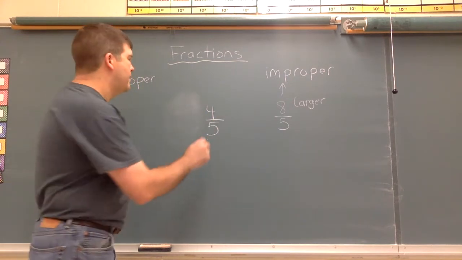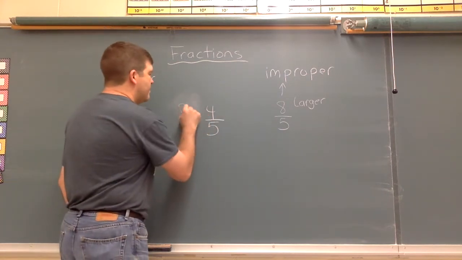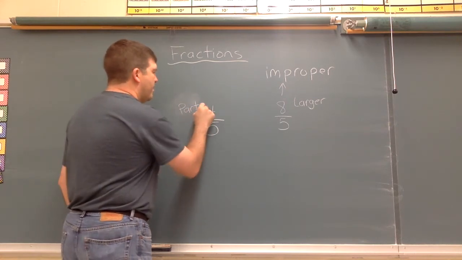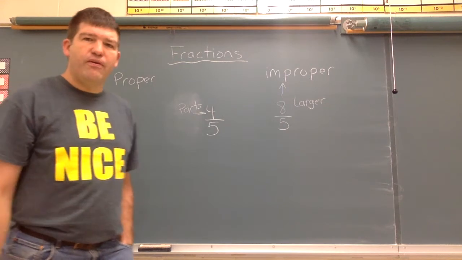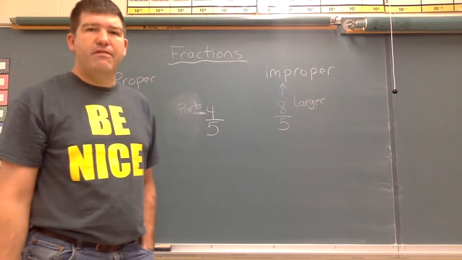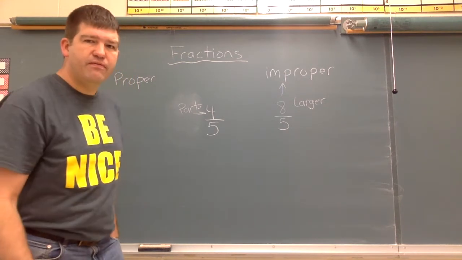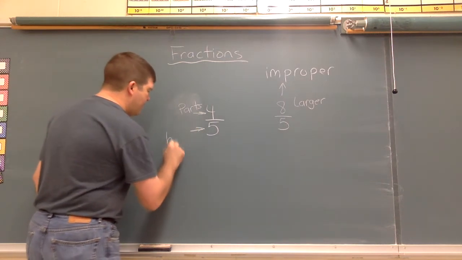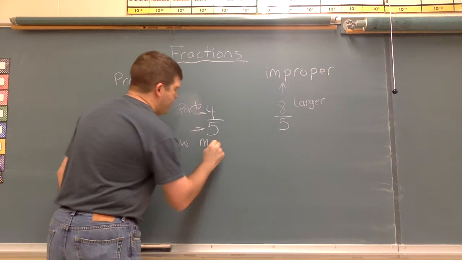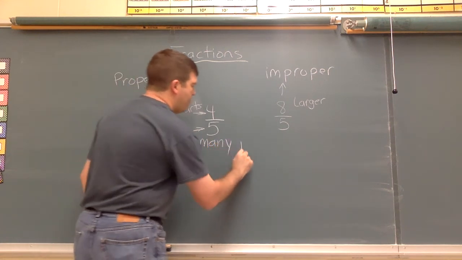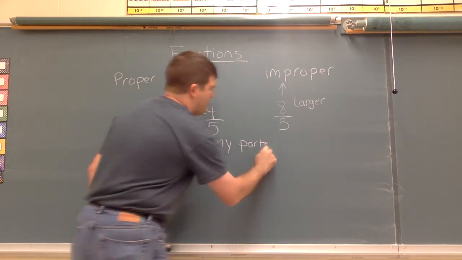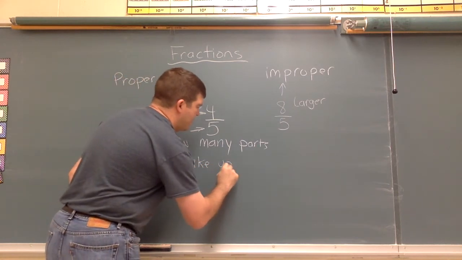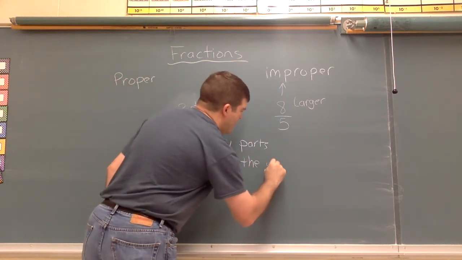So, this is the part, or parts. So, in 4/5, it means I have 4 parts. This bottom number means how many parts make up the whole.